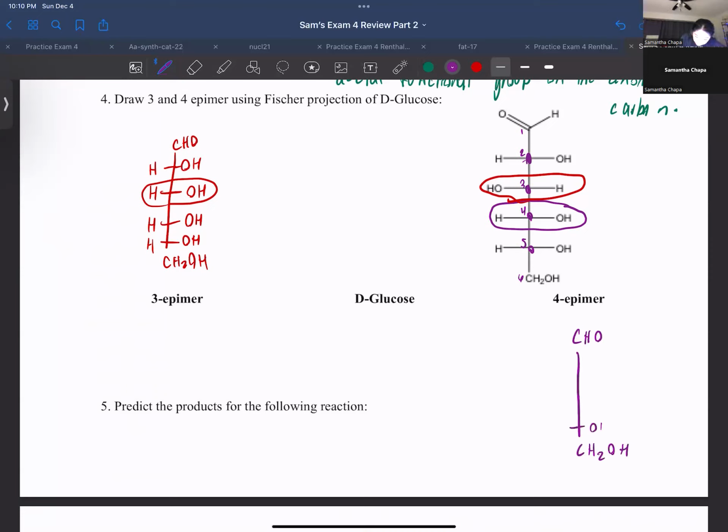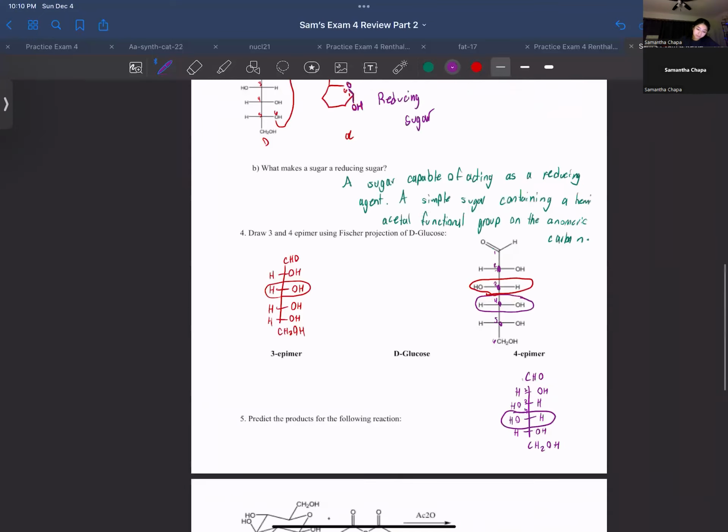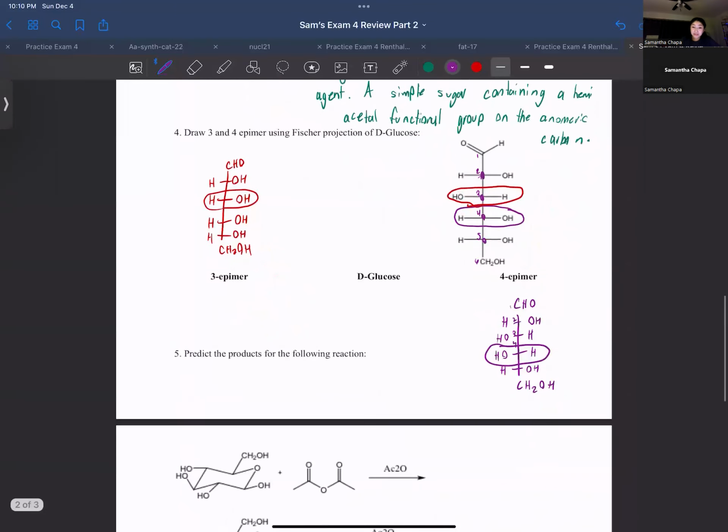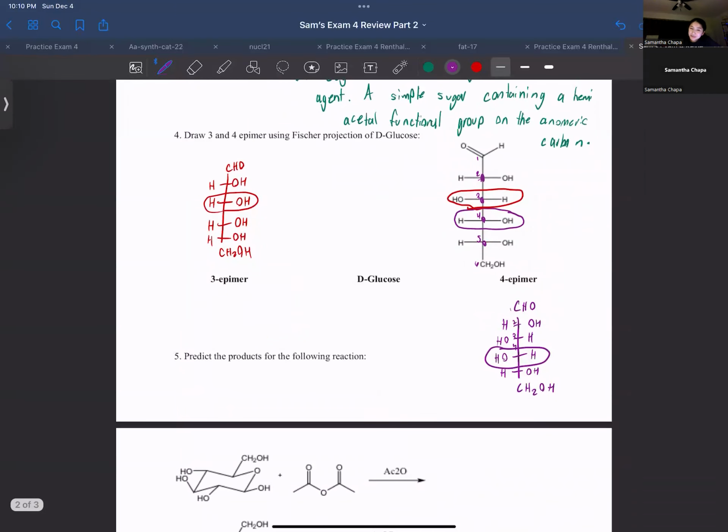Write everything as normal, and this one's the one that flips. So there we go, at carbon number 4, I have an epimer. That's my 4 epimer. And again, I show you D-glucose to really drive in that you need to know this.